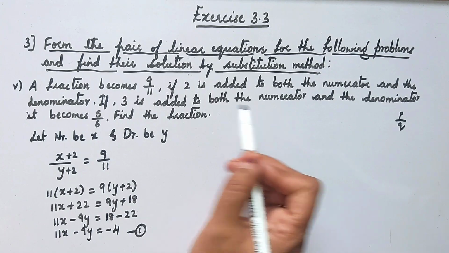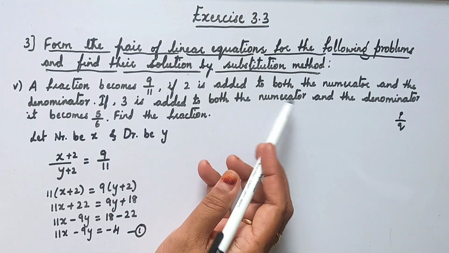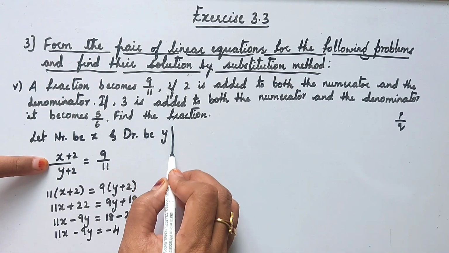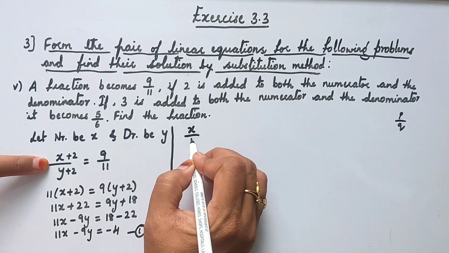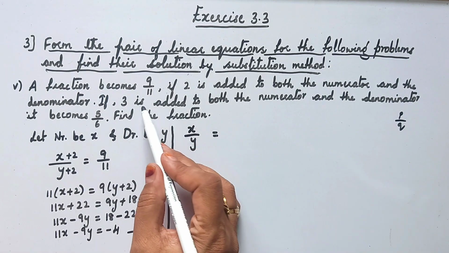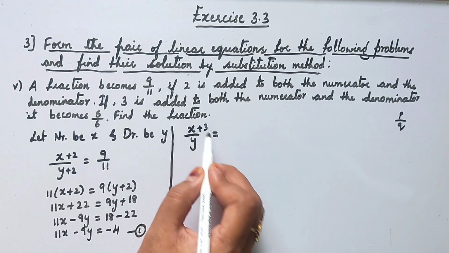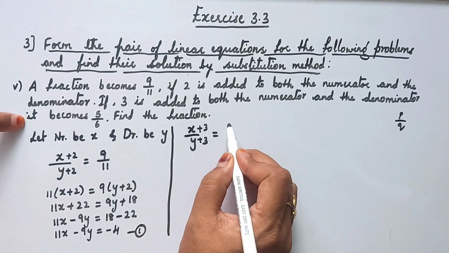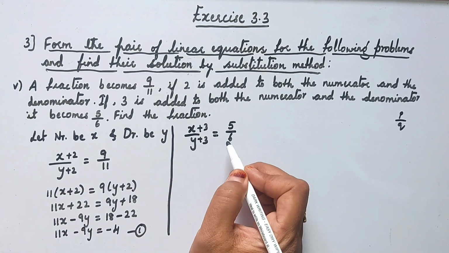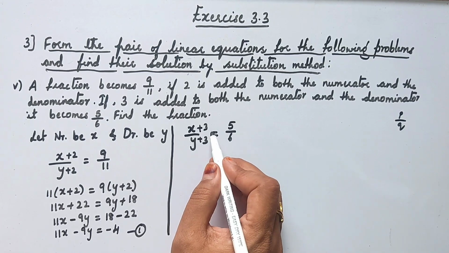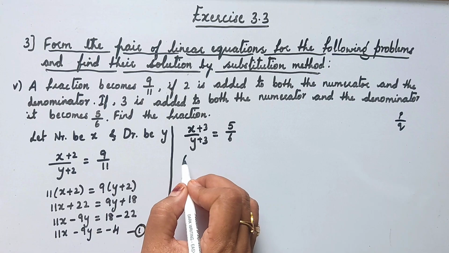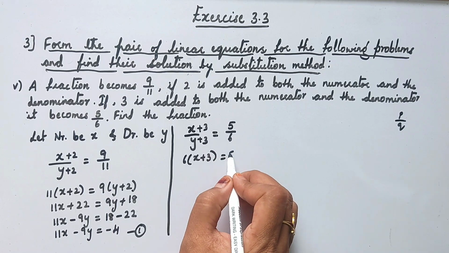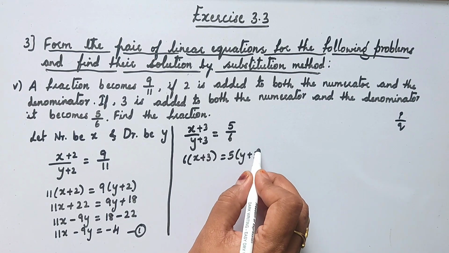Okay. Now again next, if 3 is added to both numerator and denominator, the same here, the fraction, that is x by y equal to, here 3 is added to both numerator and denominator, plus 3. I'm going to add for both the numerator and denominator. It becomes 5 by 6. Okay. Now let's do cross multiplication to get a linear equation. 6 into x plus 3 equal to 5 into y plus 3. Okay.